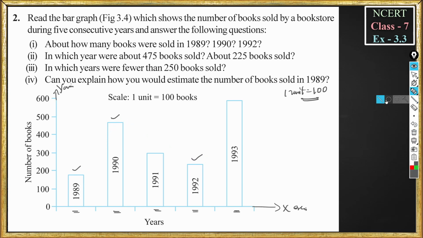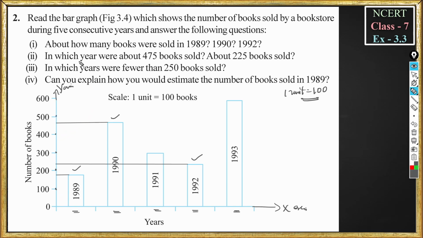So if you observe carefully, 1989 we get here, whereas 1990 we get here. Similarly, 1992 we get here. That means the bars do not end directly at the unit places, whether 100, 200, 300, 400 or 500, but between them.